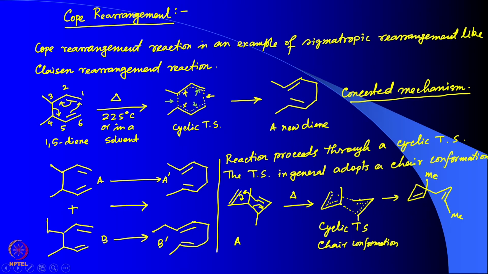So, this is the product and the conformation of the product is written here. This is how the Cope reaction can be understood through a concerted step mechanism.